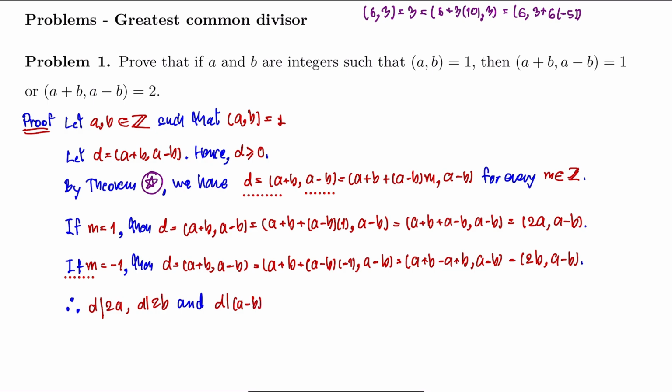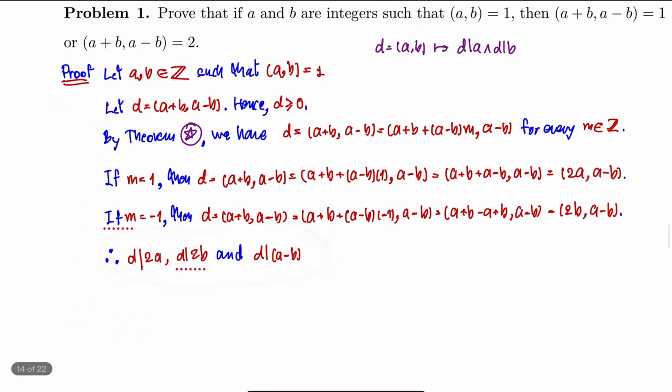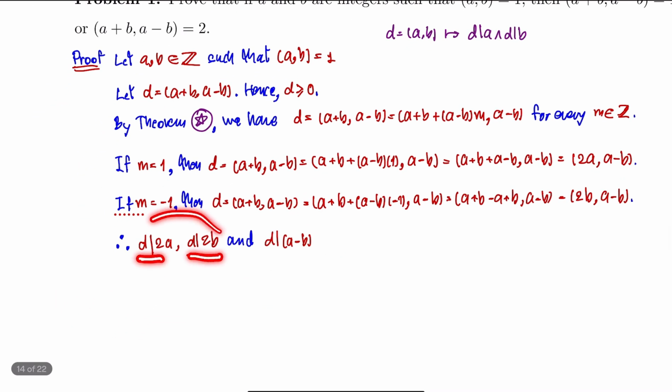Do not forget this theorem. If d is the greatest common divisor of a and b, then that means that d divides a and d divides b. Okay, great. So once we have this one, let's focus on these two divisibility, the first two.